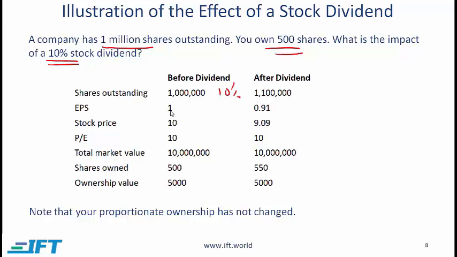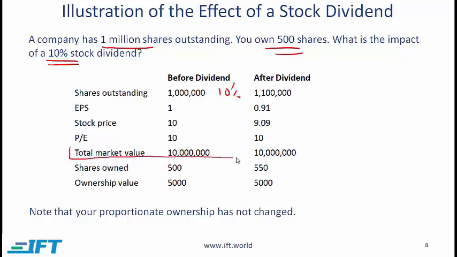If the EPS before the dividend was 1, then we can see that the total earnings must have been 1 million. After the dividend, the earnings are still 1 million. So what is the EPS? The EPS would be the earnings, 1 million, divided by the total number of shares outstanding. So the EPS comes down to 0.91.